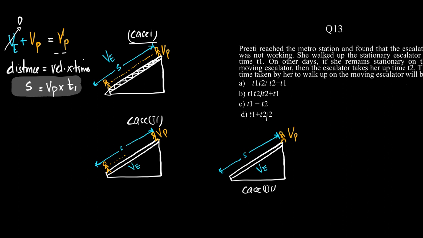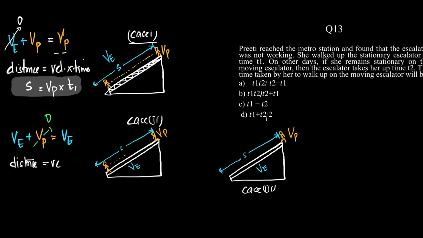All right. Now in the second case, if you understand the second statement, it says that if she remains stationary, which means Vp is equal to 0, then the only component of velocity is the velocity of the escalator. The escalator is moving with some velocity, so it will cover some distance.